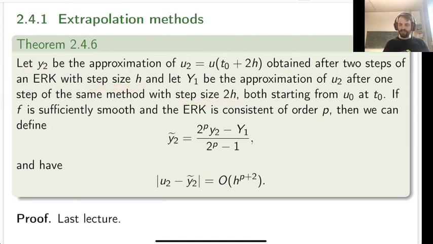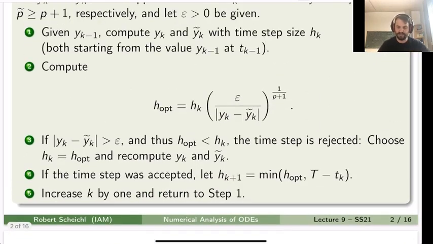So you take two steps with size h or one step with size 2h, and compute a new approximation y2 tilde, which extrapolates from those two values via Richardson extrapolation, and therefore has a local error of order h to the p plus 2. So it's essentially consistency order p plus 1, and therefore you can use it in the algorithm above. So now yk tilde can be used here, and you can compute your hk opt.